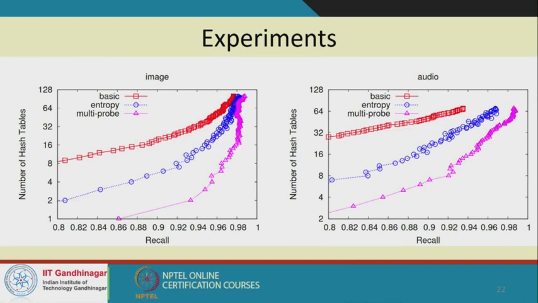The multiprobe plot uses much fewer hash tables than the basic LSH plot. Using the same number of hash tables, this gives a much higher recall. Or if I want to achieve 0.9 recall, the number of hash tables we need here is only 6 or 7, while it is of the order of 32, 33 in the basic LSH.